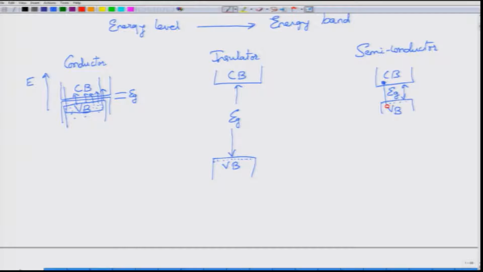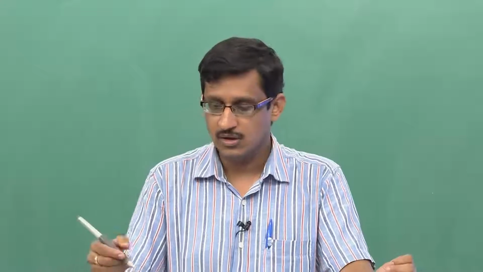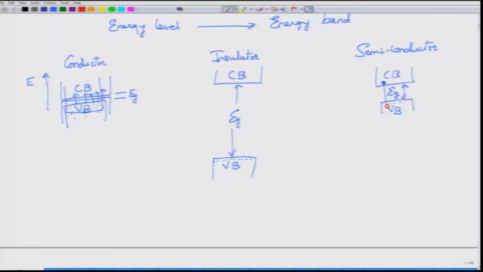In this simple picture, whenever an electron leaves the valence band, it leaves behind a hole. This promotion from valence band to conduction band can happen by an external electric field. It is not necessary that you always have to apply a photon in order to induce this transition. This transition can happen by an external current being forced or something like that.